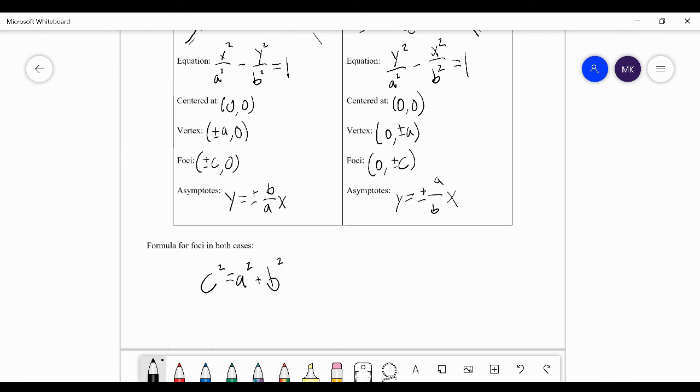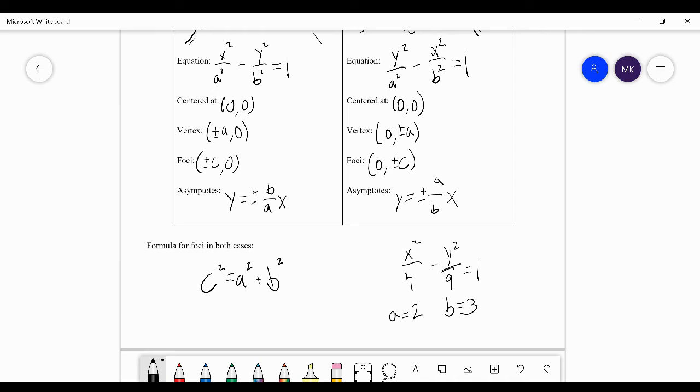Now, when we're looking at these equations, it's very important to remember that our a and b values are squared. So if our equation were something like x squared over 4 minus y squared over 9 equals 1, our a would not be 4, but it'd be 2, because 2 squared is 4, and our b value would be 3.